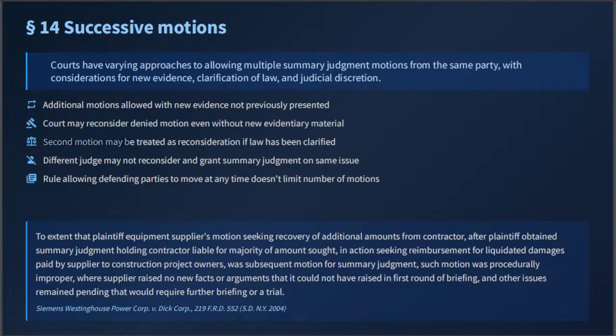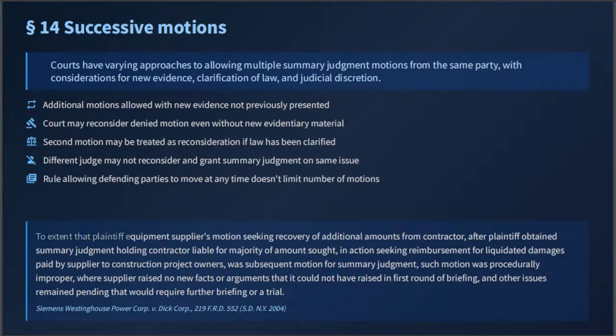A second motion may be treated as reconsideration if the law has been clarified. So the clarification of law there, it could be treated as a reconsideration. A different judge may not reconsider and grant summary judgment on the same issue. And a rule allowing defending parties to move at any time doesn't limit the number of motions. So that's an interesting one there too. Doesn't limit the number of motions.